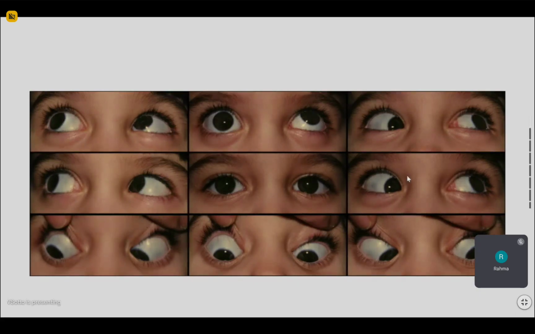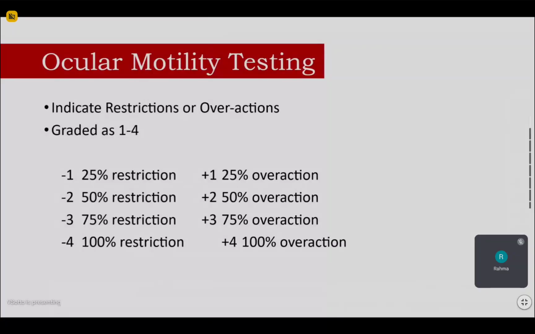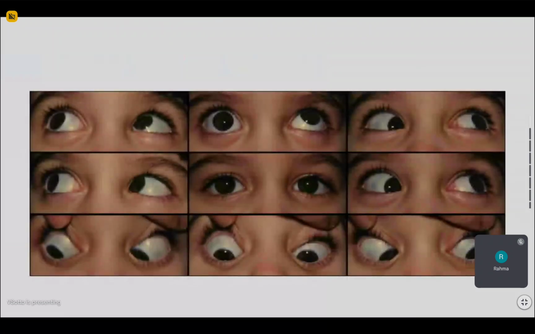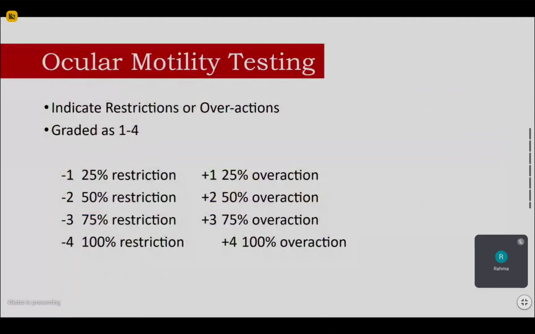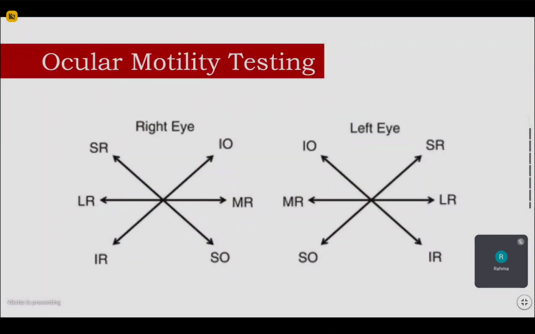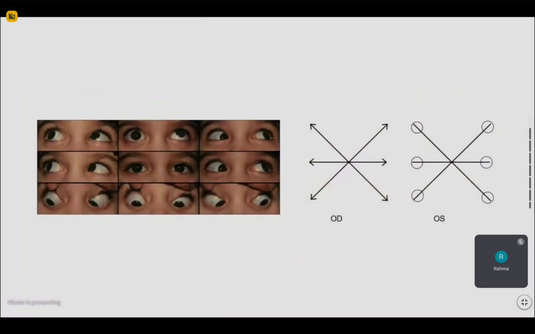So we then record it as +1 if we note 25%, +2 for 50%, and +3 if 75% overaction, +4 if 100% overaction and we can't see the eye anymore, it is all white. And the same is true with restrictions.